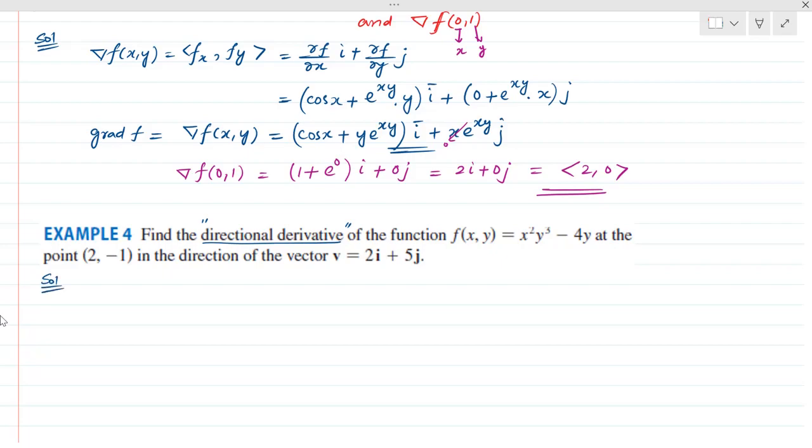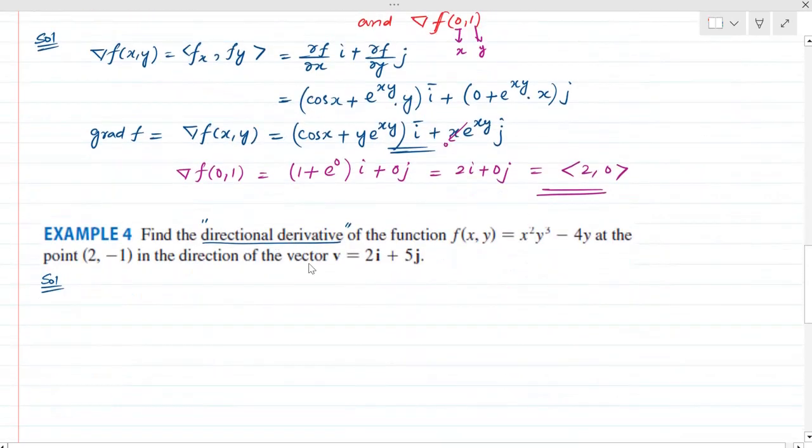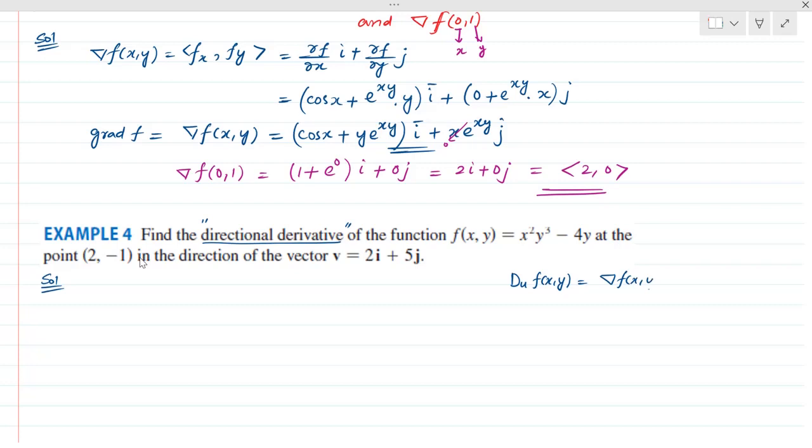In order to calculate it, we cannot apply the previous rule because here there is no angle given, no theta. Here there is a directional vector and a point given, so you have to use this rule. This is a very important rule: the directional derivative of f of x comma y is equal to del f of x comma y dotted with the unit vector. This is a very important formula we are going to use in all the problems.